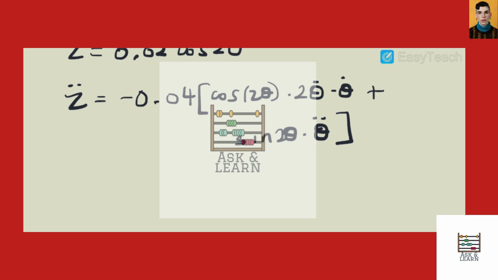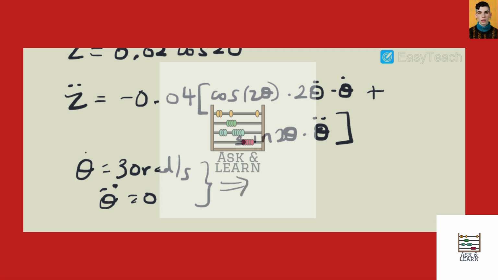And for theta dot equal to 30 radians per second and theta double dot equal to 0, this gives us a Z double dot that's equal to negative 72 cos 2 theta.